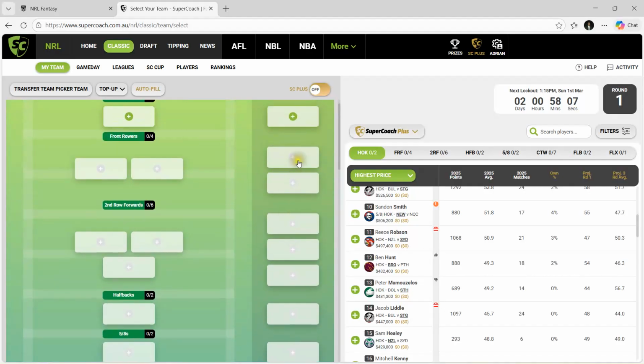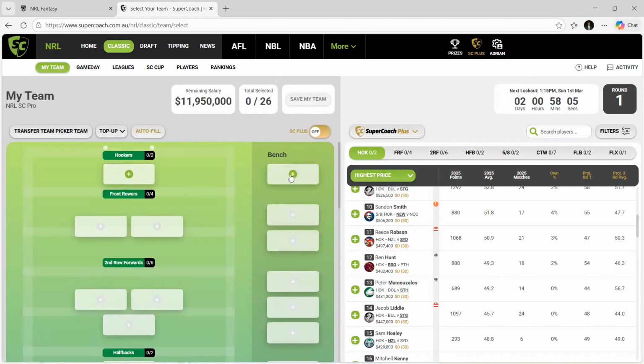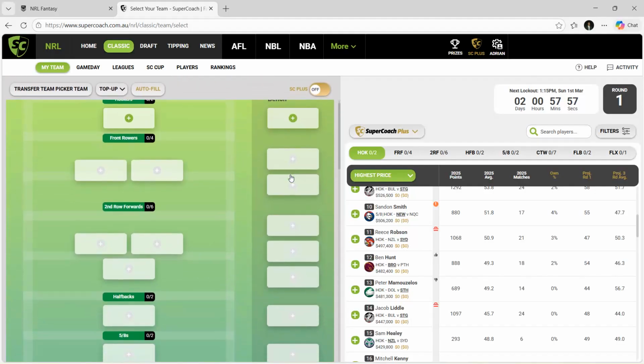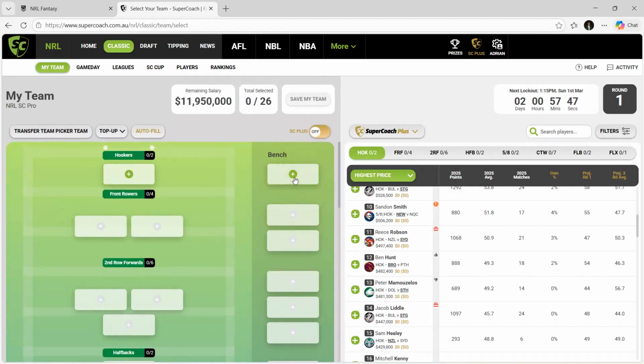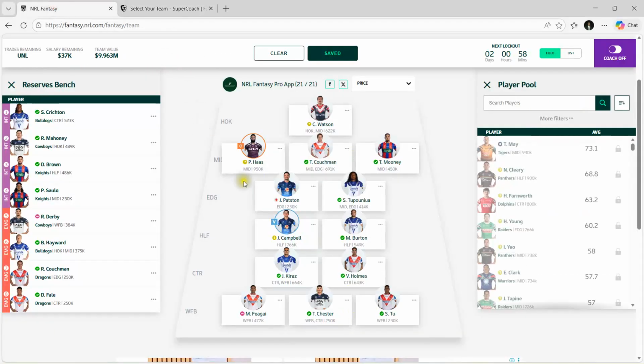So if you have an Owen Paddy, for instance, up here, who scores 5 points, okay, and you have a 55-point second row forward get scratched in the warm up, well, you cop that 5 points for him. Okay, pretty rough. Now that used to be exactly the same case in fantasy as well.